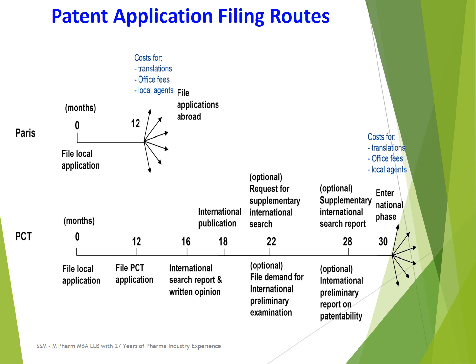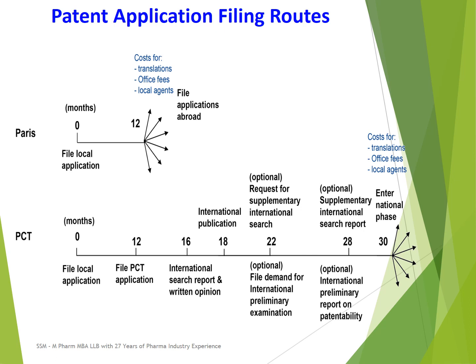But all these requests are associated with cost. You have to pay the fees for the international search report, and you have to pay a fee also for the international preliminary examination report. So the patentee can decide whether he wants these reports or he can do without them.